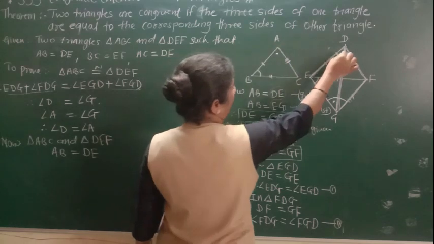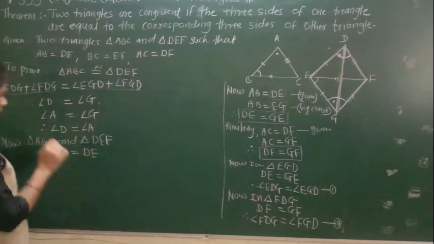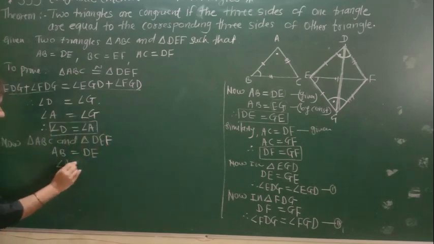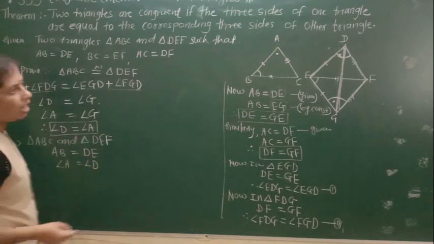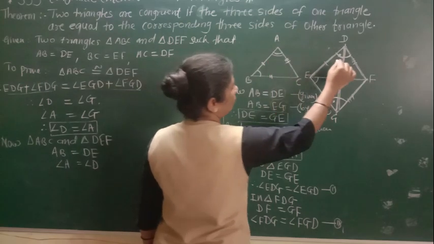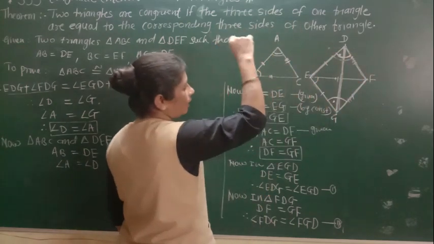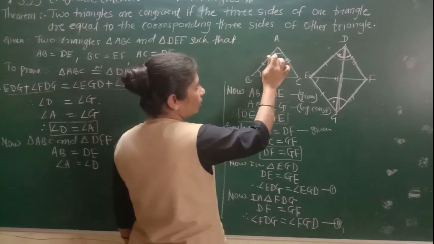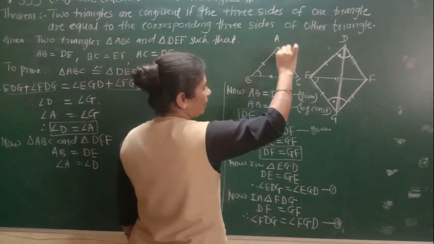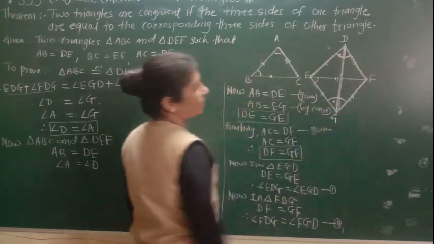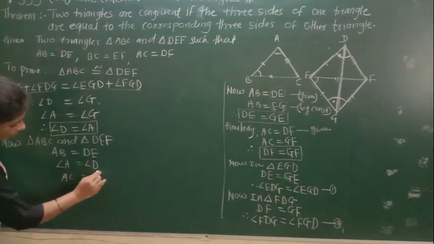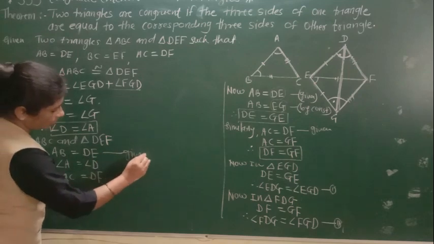Angle A equals angle D. So we will take this angle A equals angle D. Afterwards I will make the different signs here. Then here AC equals DF, which is given for us. So AC equals DF, given.